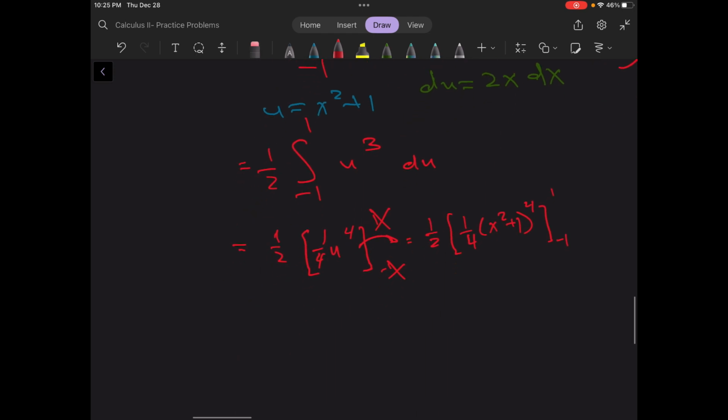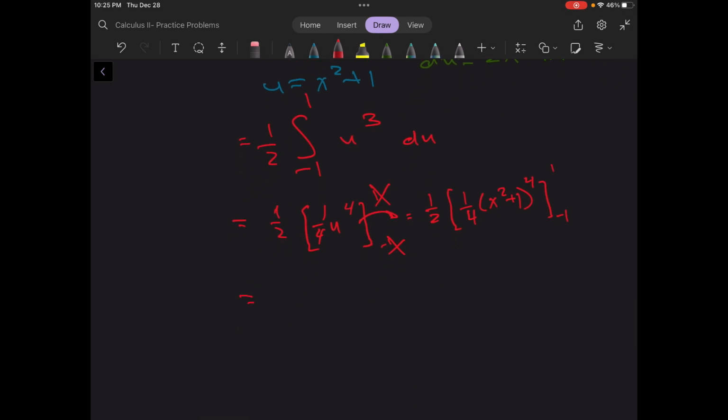So using the second fundamental theorem of calculus, remember, we're going to take that x squared plus 1 to the 4th power and evaluate it at b, which is 1 squared plus 1 to the 4th power, minus f of a, which is negative 1 squared plus 1 to the 4th power.